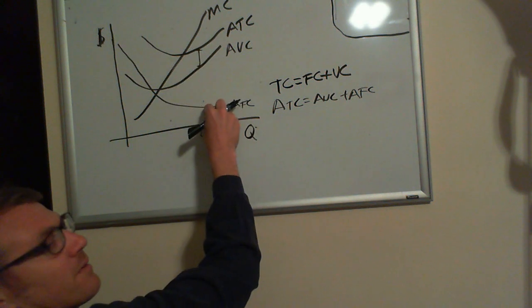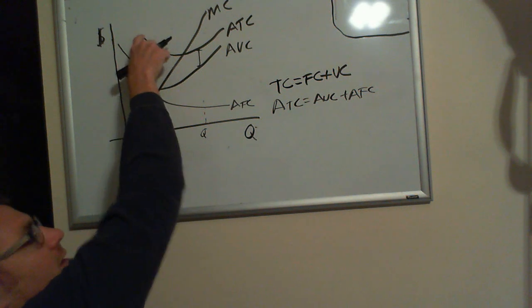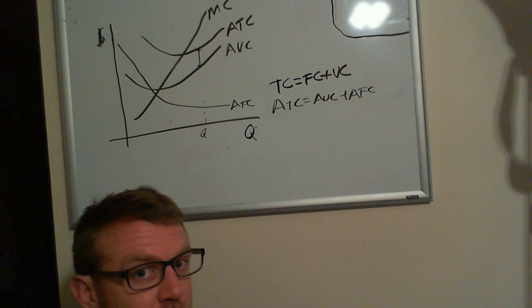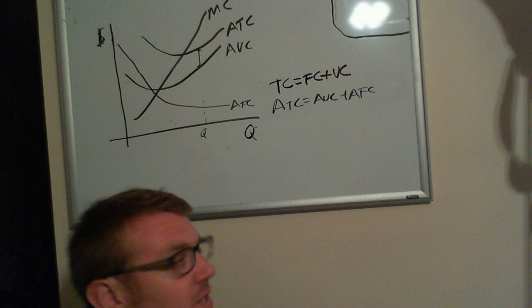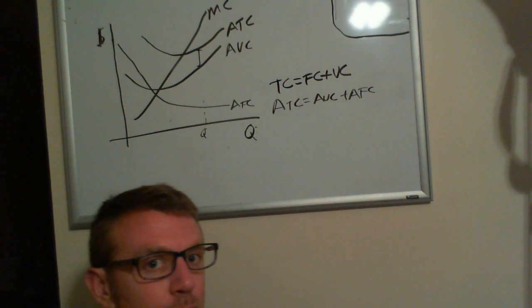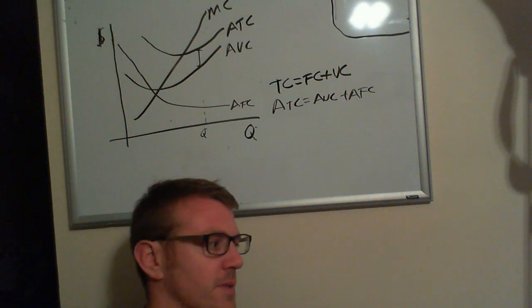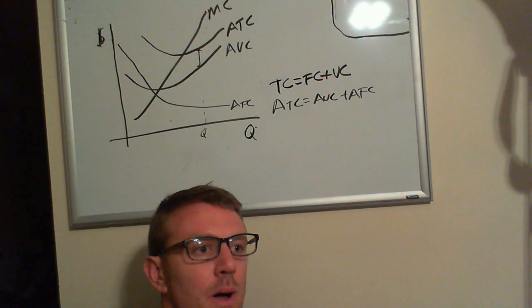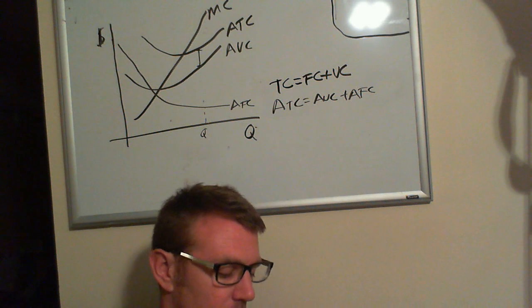That difference is small over here and then big over here. So most of the time we're not even going to draw the average fixed cost curve on there. Once again, if you have any two of these variables, you can solve for the third one. So this is going to be our model of a firm's costs in the short run, and it's going to be very useful for us to figure out the profits that a firm might make.